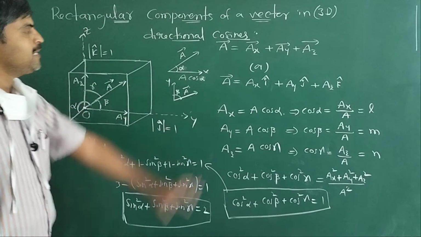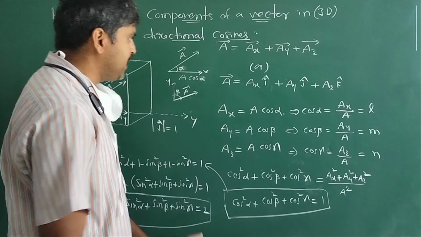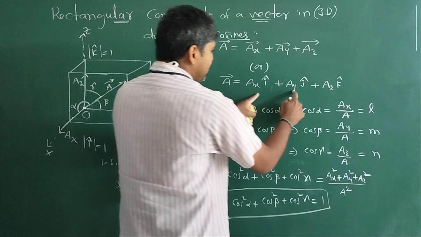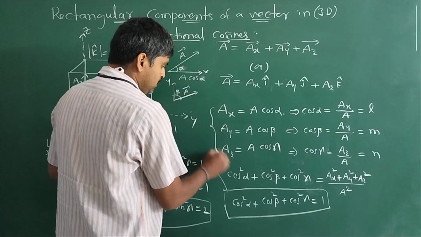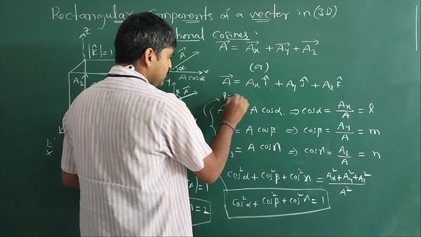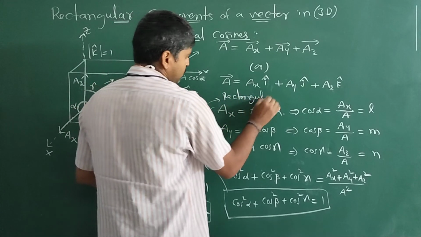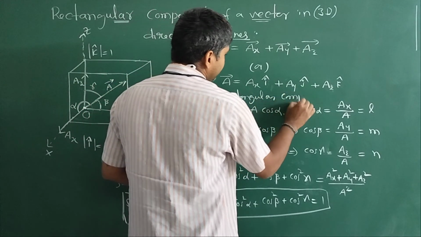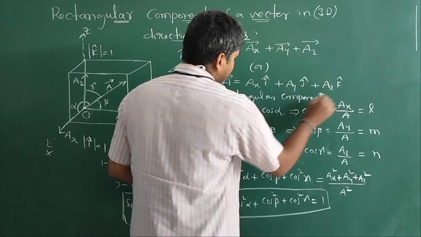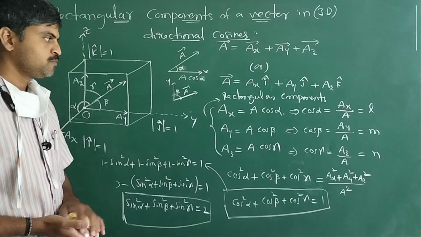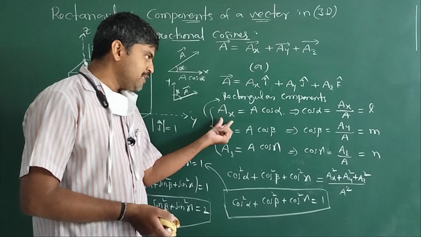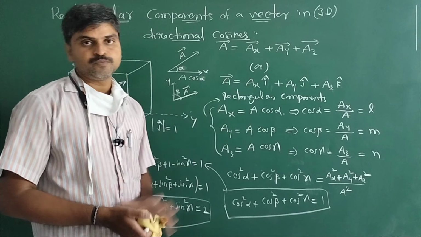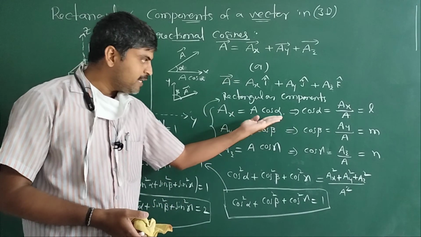So these are the rectangular components of the vector in three dimensions. Here ax, ay, az are called rectangular components, in the x, y, z directions. Where is sine here? We are taking only cos. Why?